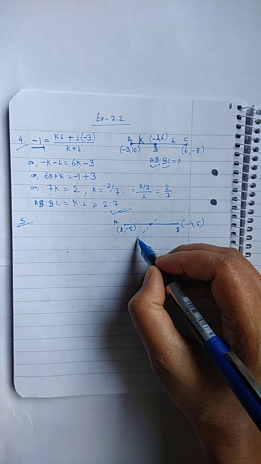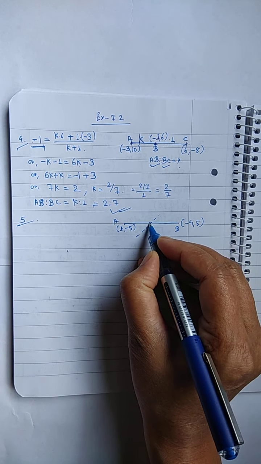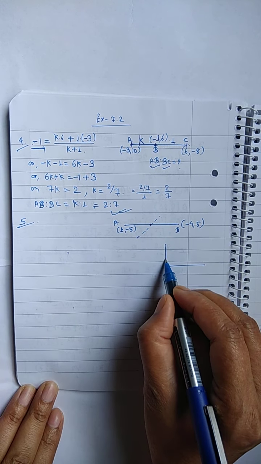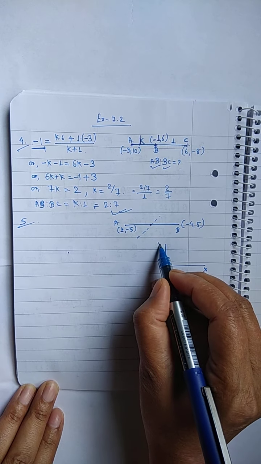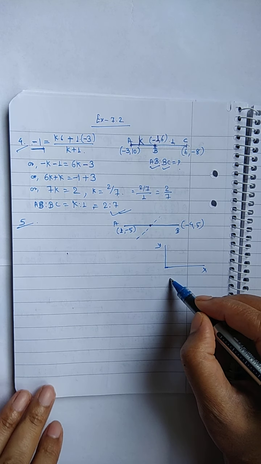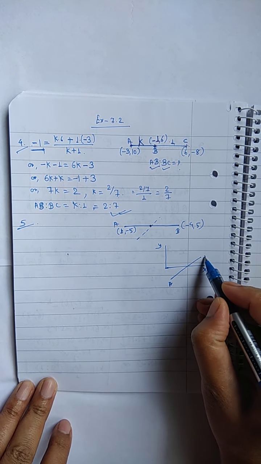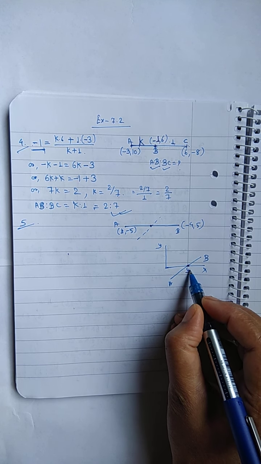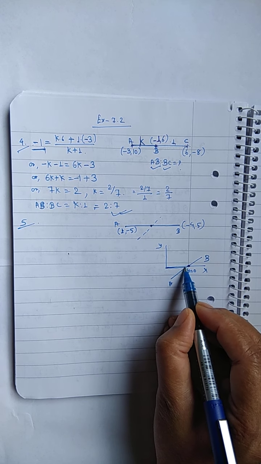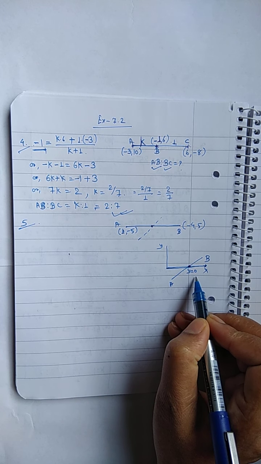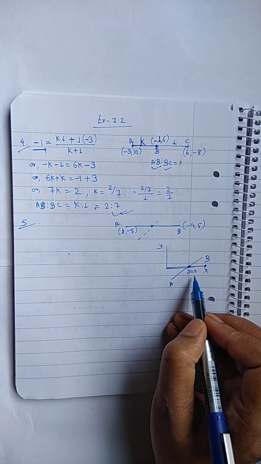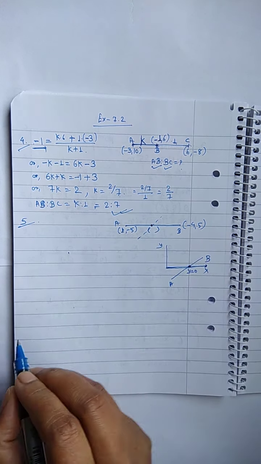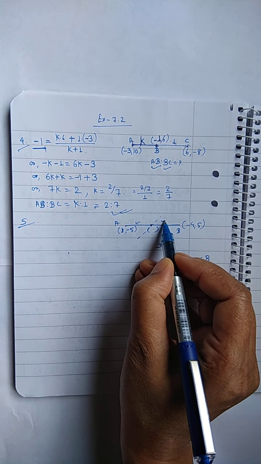The picture is wrong, but somewhere here is the x-axis, and this is the y-axis, and somewhere is the line AB. Here at this point y equals 0, because on the x-axis the y coordinate is 0. Also find the coordinates of the point of division. We have to find the coordinates and the ratio.